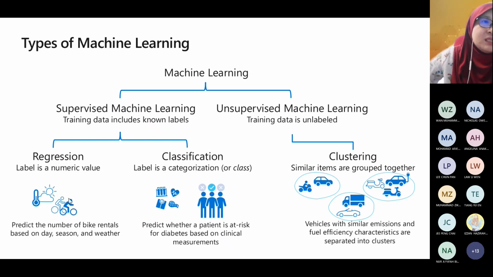Okay, data maybe in terms of temperature, okay, and the number of cycles for example, and then this is to trace, categorize the diabetic patient, okay, the sugar in their blood. Okay, this is clustering, okay, vehicle, for example, this is for diesel or this is for high end vehicle, okay, and so forth lah.